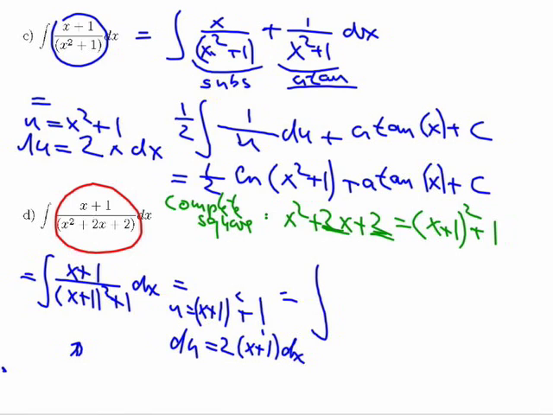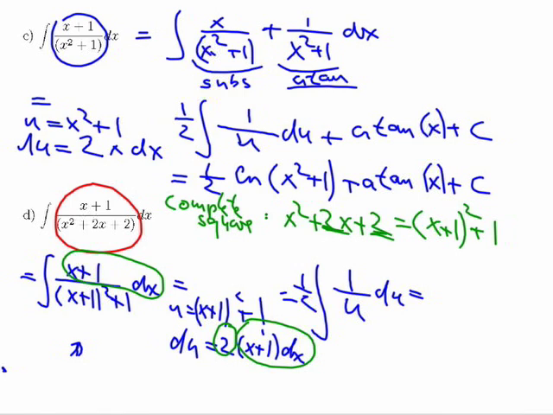Our denominator just becomes 1 over u. We need to make up the numerator. x plus 1 dx we have already in the substitution, but there we have an extra factor 2. To make up for this extra factor 2, we need to add 1/2 at the front of the integral as a factor. So we have 1/2 integral 1 over u du.